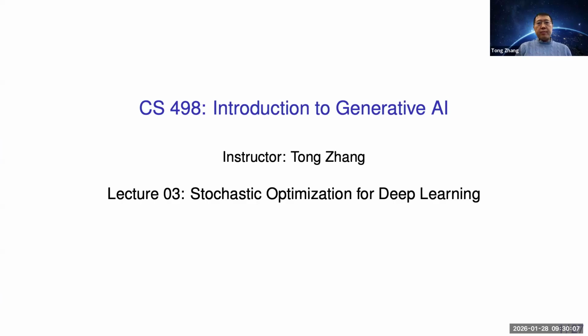Yeah, so we will talk about the optimization. So this time, basically, this is not like a class on optimization. So we will not talk about the convergence analysis or any more complicated math here. We will go through the main methods used for deep learning.